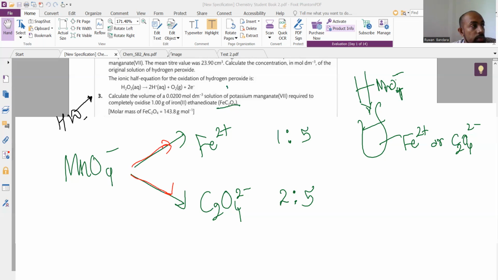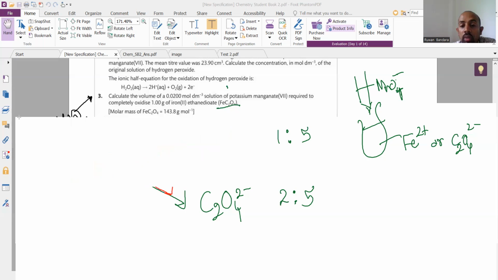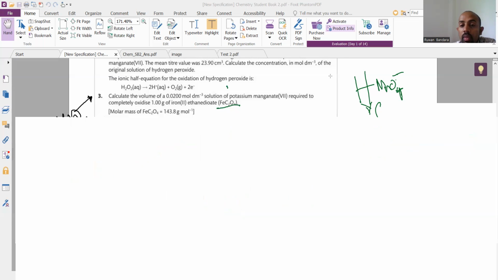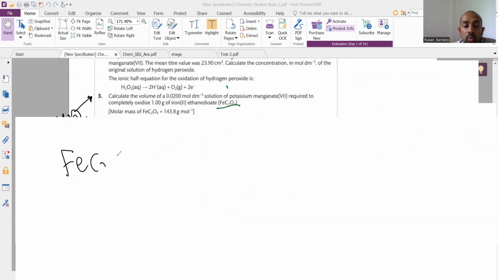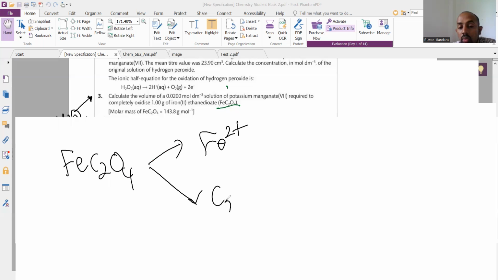So now, let's take the complete molecule. You have FeC2O4, and you have Fe2 plus and C2O4 2 minus.